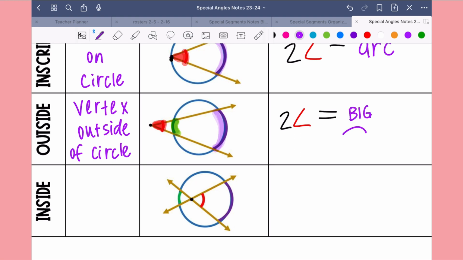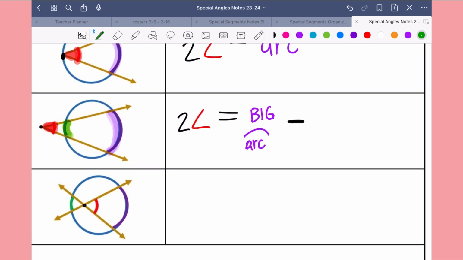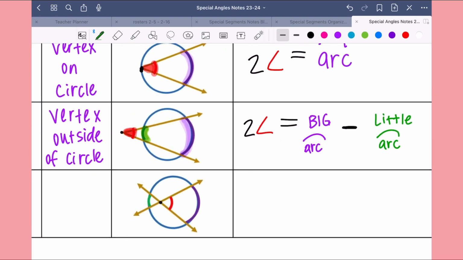Big arc, minus, keyword minus, your little arc, which in my image is the green. Copy that equation down.